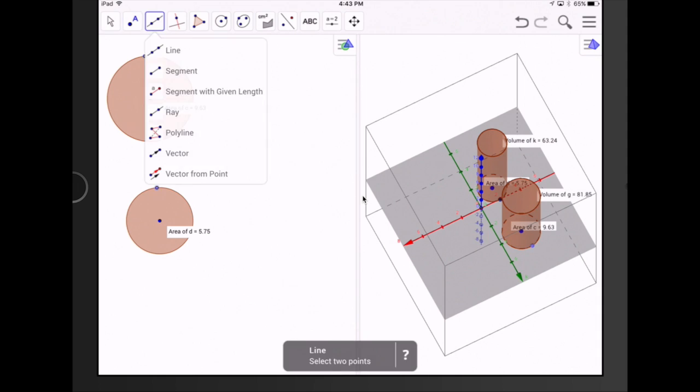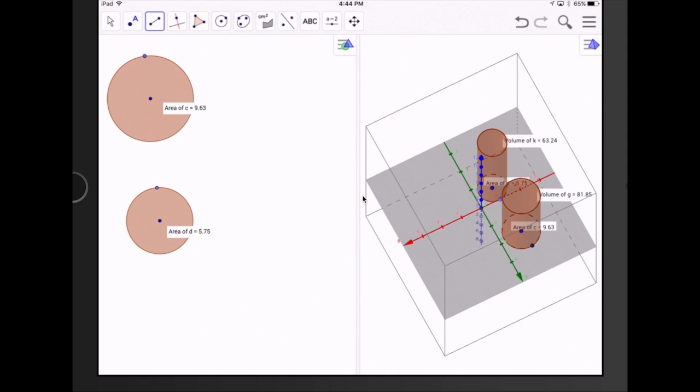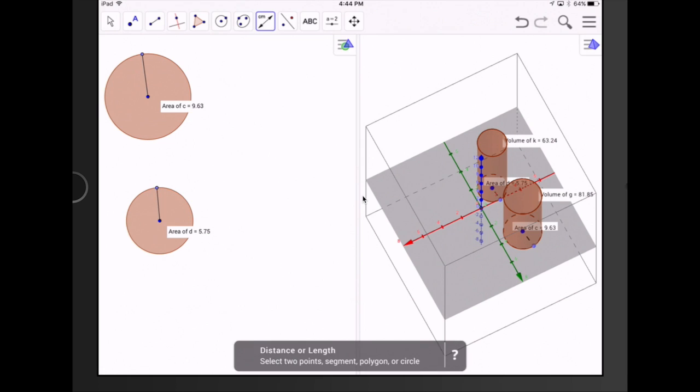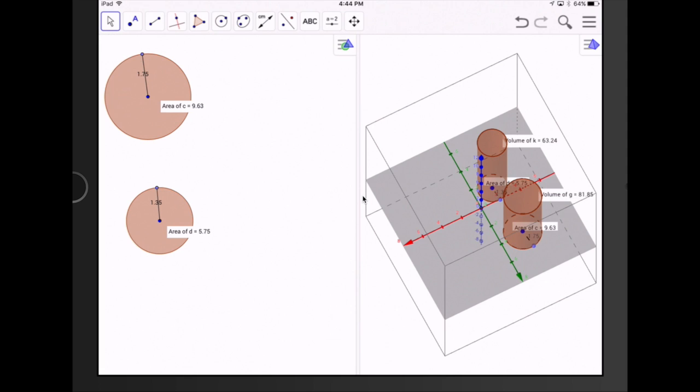And now I'm going to add a segment on each of the circles from the point on the circle to the center. And now I'm going back to my measurement tool, and I'm just going to measure the distance so that we have the distance of each one of those.